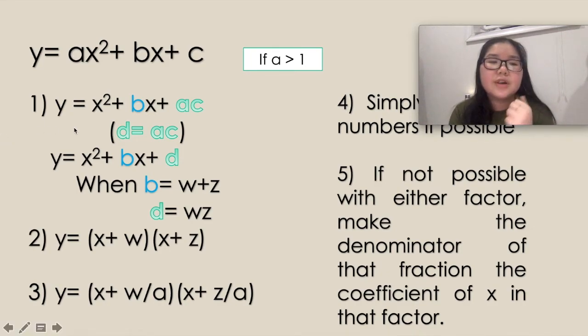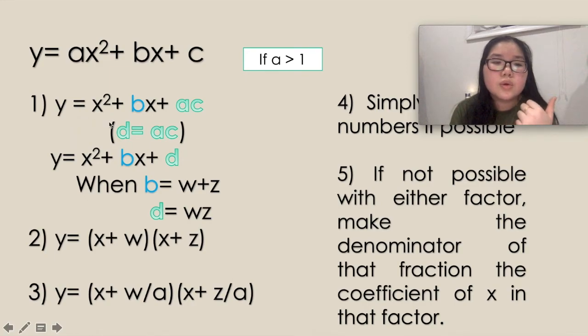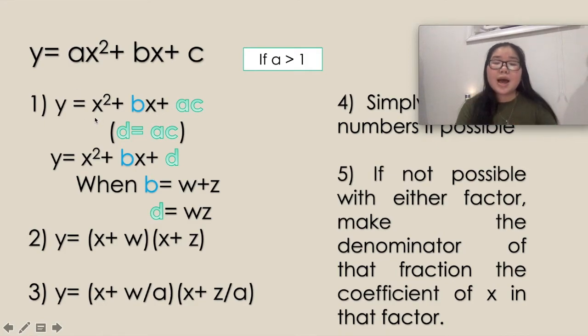The first step is you will see the original function here, and then you just need to multiply a times c, and I will call the value of a times c as d, so you have the small equation here. The next step, I just replace a times c with d because it's easy for you to look at.